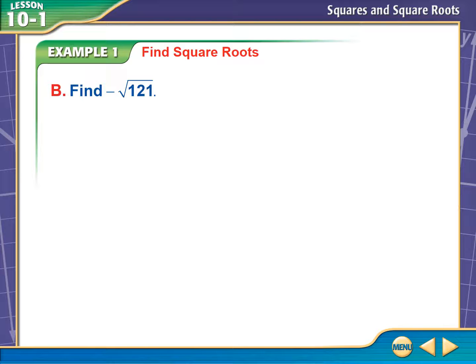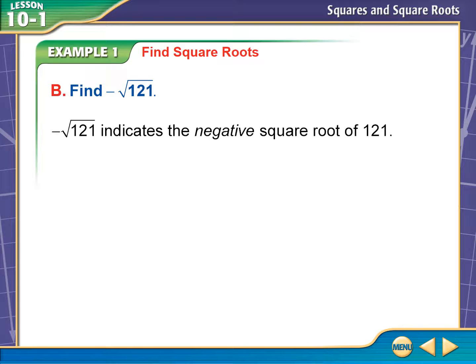All right, what about this one here? This square root of 121. But if you notice, this one has this little negative sign out front. So this indicates that we're looking for the negative root of 121. So remember back to what we were saying before, when I square numbers, right? If I do 2 squared, that gives me positive 4. Well, if I do negative 2 squared, it also gives me positive 4.